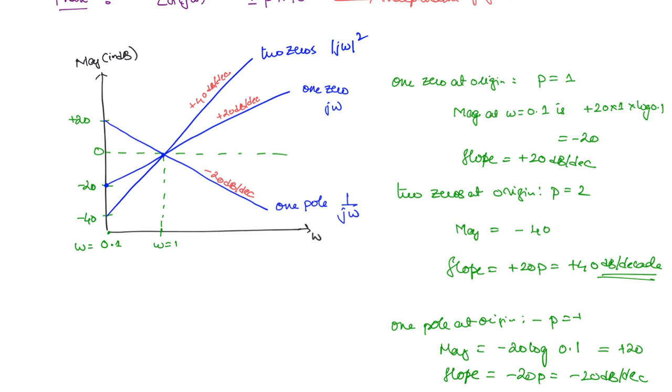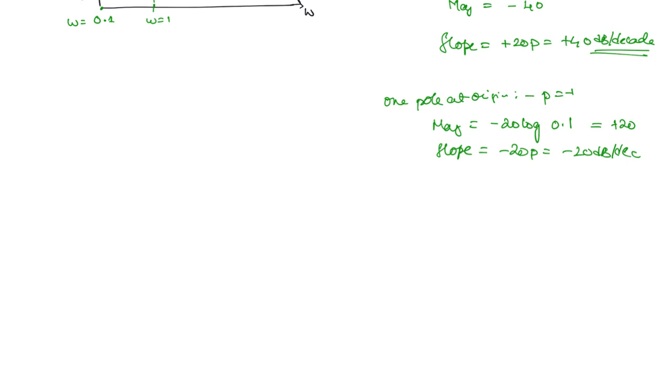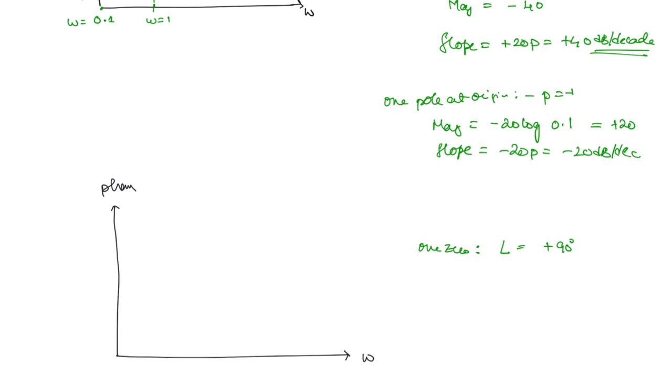Okay. Now what about the phase plot? The phase plot is also similar, we will take phase on the y-axis and frequency on the x-axis. Okay. Now if it is 1 0 at origin, then what will happen to the phase? The phase is equal to plus 90 degrees, right?